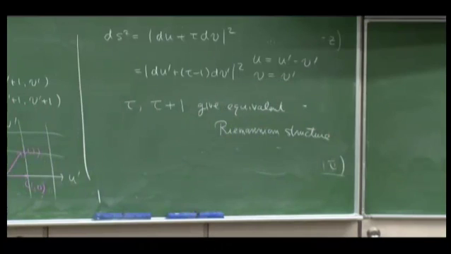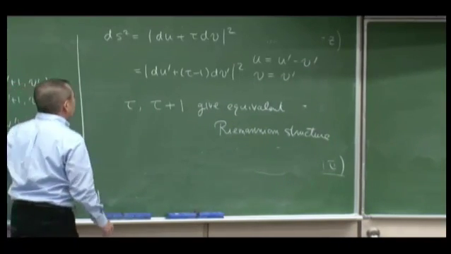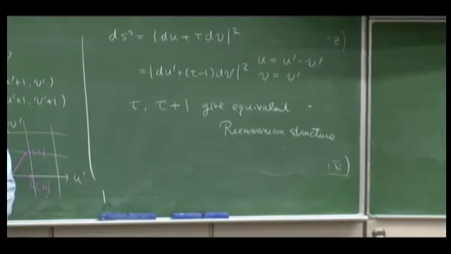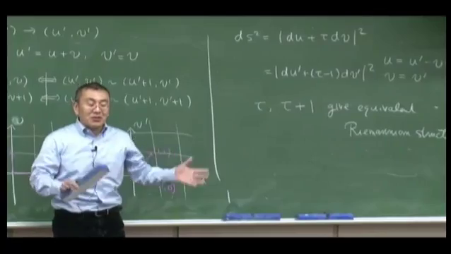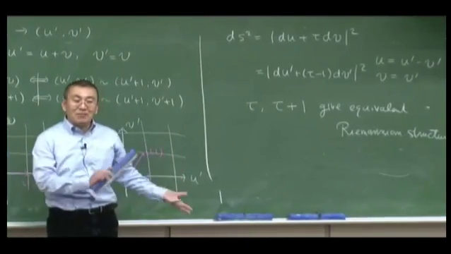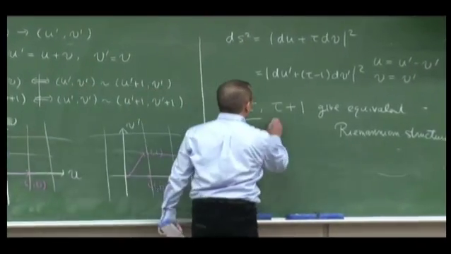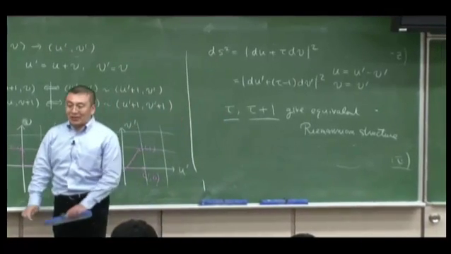Okay? So if you are interested in the geometric properties of the torus, which are independent of the choice of coordinate and depend only on the Riemannian structure, then tau and tau plus 1 give you the same torus.